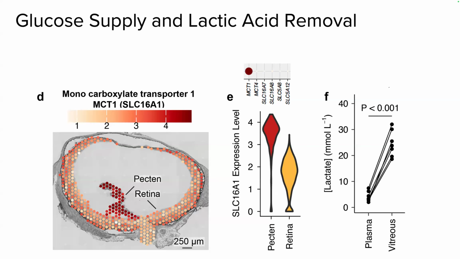The diffusion coefficients for oxygen are much higher than that of glucose or lactate. So just from a purely diffusional perspective, and this doesn't mean it's actually what's happening, it would make a lot of sense for oxygen to still diffuse out of the pectin.